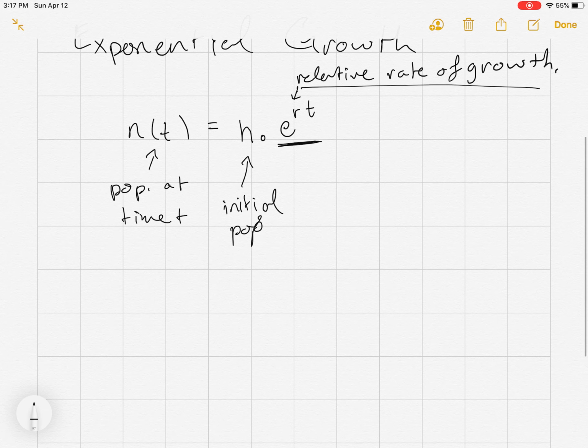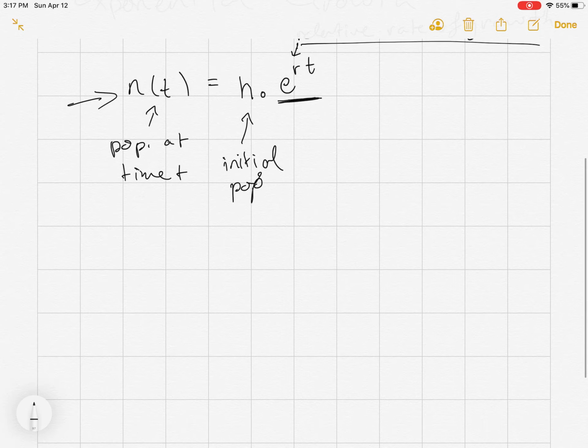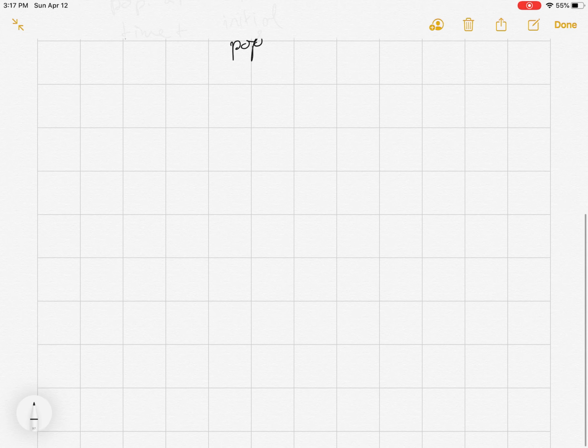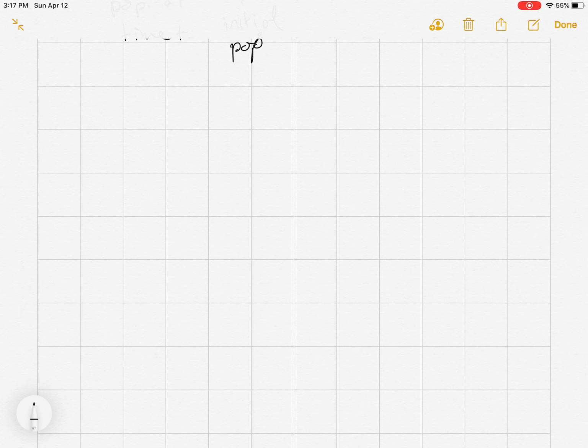First of all, we have to identify that the situation we're looking at has exponential growth happening. Once we've done that, we can write the equation, fill in all of the blanks that we know, and solve for the relative rate of growth. So let's look at an example.